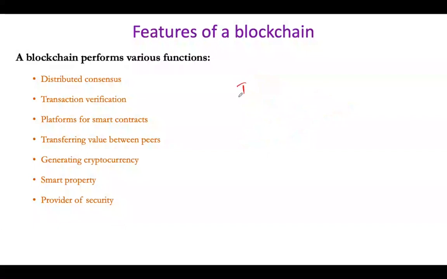Another functionality is immutability. This is another key feature of blockchain. Records once added onto the blockchain are immutable. There is the possibility of rolling back the changes, but this is considered almost impossible to do as it will require an unaffordable amount of computing resources.